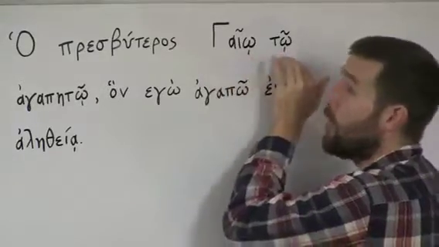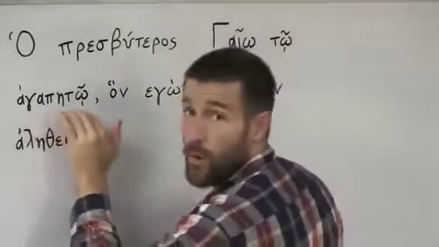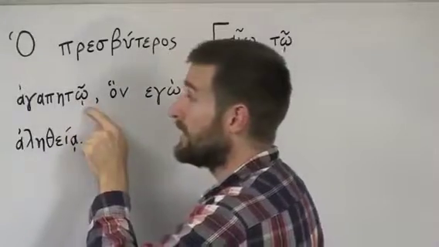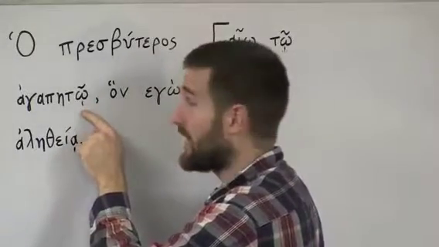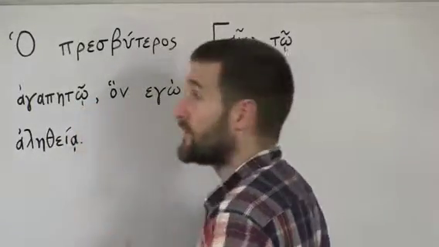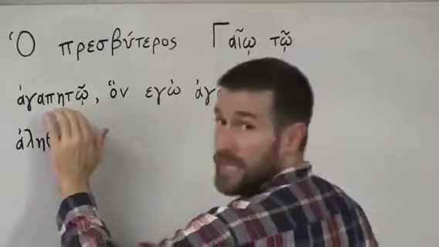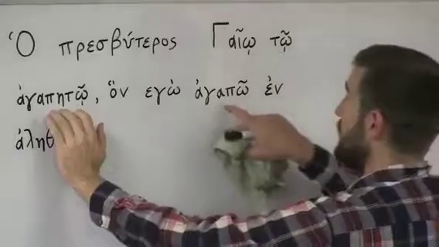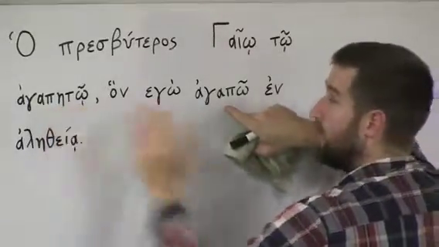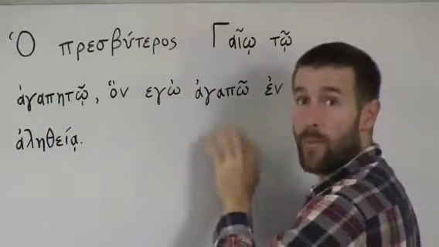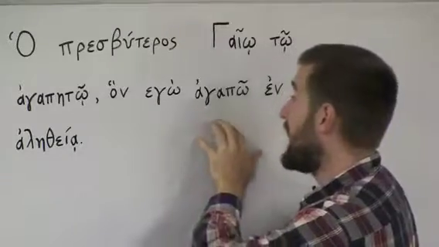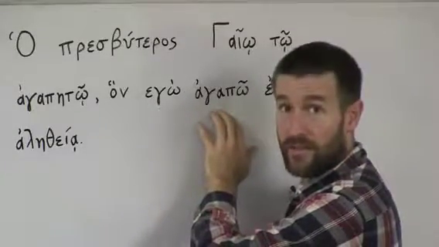Gaio to agapito. And notice agapito is also in dative case. You can see that iota subscript under the omega, all right? Now, agapito is pretty similar to this word right here, agapo. And most people know the word agapo. It means I love in Greek, all right?